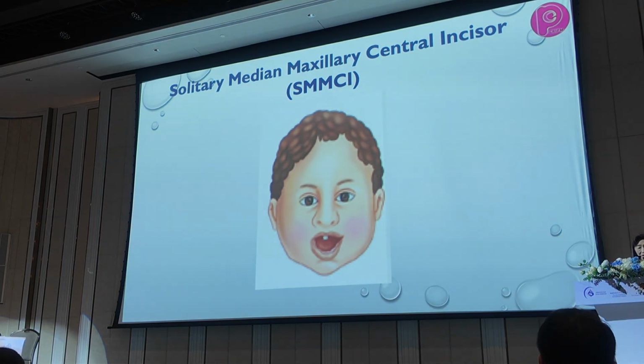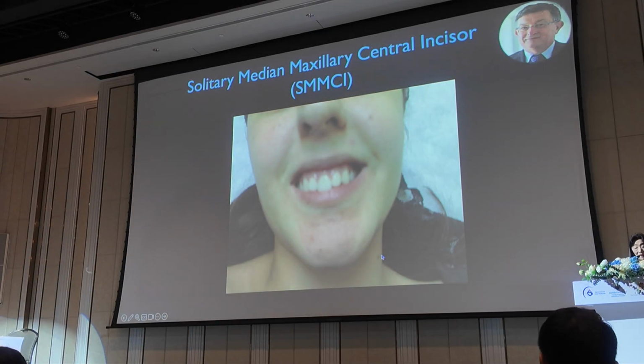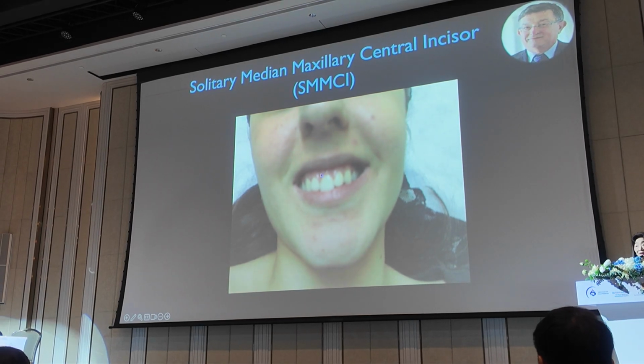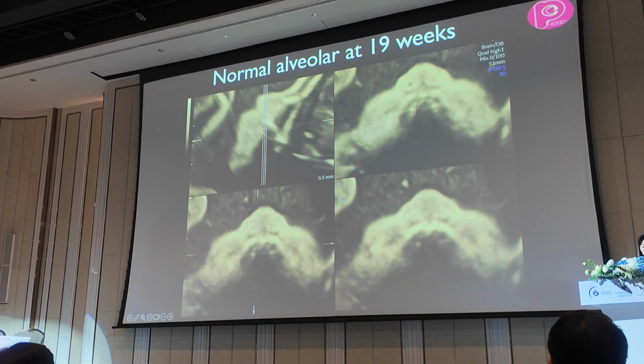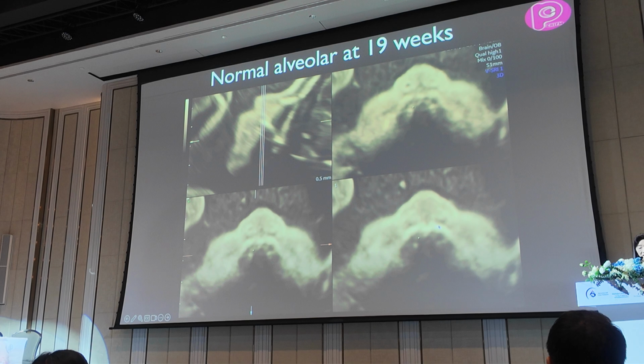And also this is an SMMCI, solitary median maxillary central incisor. And here you can see only one tooth. You know that? This is very much associated with holoprosencephaly. And this is a normal alveolar ridge, right?